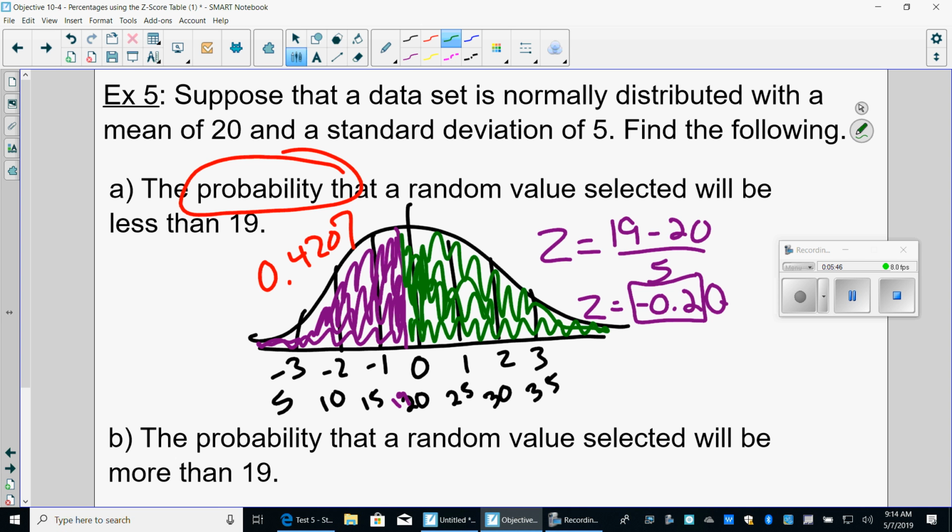You guys tell me which one you want. Do you want me to move it to a percentage, subtract it from 100, and then move it back to a probability? Or do you just want to take this probability and subtract it from 1? So just take this and subtract that from 1 whole. Do you understand the difference? Don't mix the two up. If you're going to do the probability, you subtract it from 1. So what's 1 minus 0.4207?